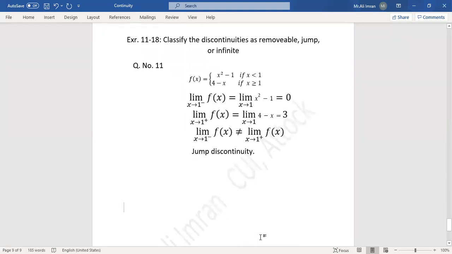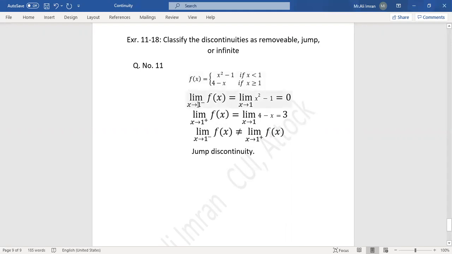Now let's solve another question. Now we will solve algebraically for the value of the limit, and we will classify the discontinuity as removable, jump or infinite. Question number 11. f of x is equal to x squared minus 1 if x is less than 1, and is equal to 4 minus x if x is greater than or equal to 1.